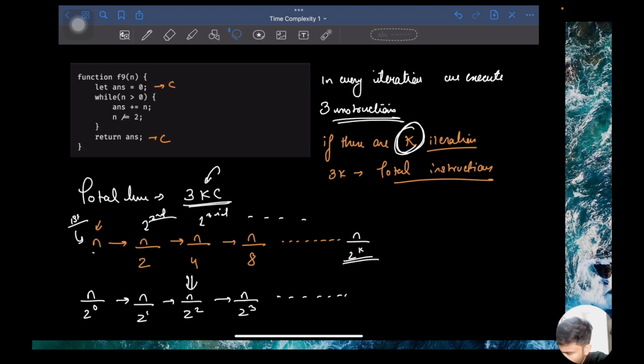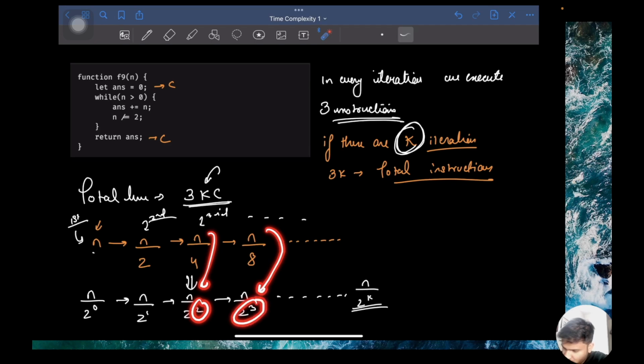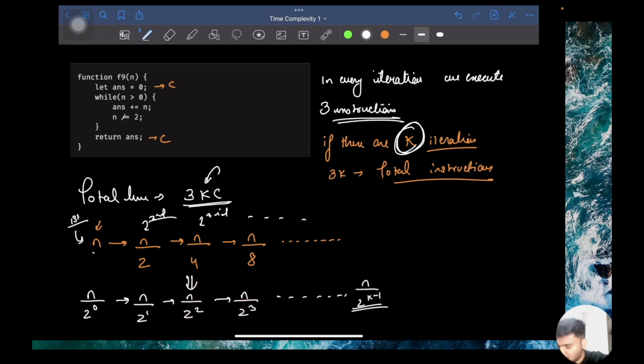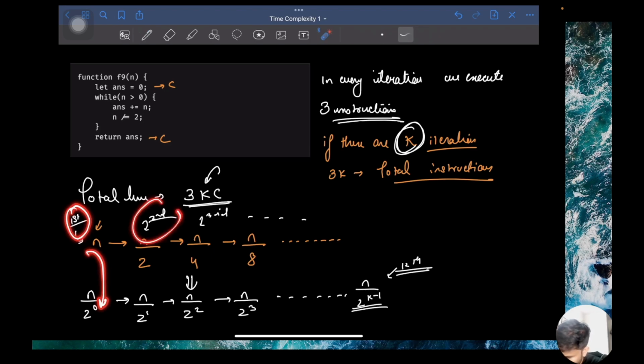See, in the first iteration, it is n by 2 raised to 0. In the second iteration, it is n by 2 raised to 1, and so on. In the third iteration, it is n by 2 raised to 2. In the fourth iteration, it is n by 2 raised to 3. So technically, it should be n by 2 raised to k minus 1 in the kth iteration. Right? See, first iteration 1 minus 1, second iteration 2 minus 1, third iteration 3 minus 1, and so on. So kth iteration is k minus 1.